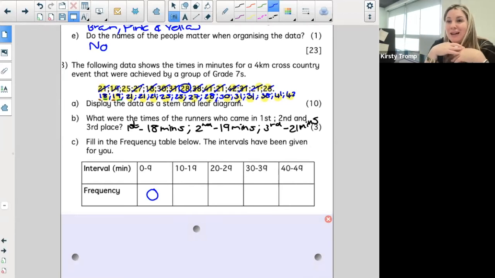Have a look at the stem and leaf that you've drawn down on your page. How many people came in between 10 and 19 minutes? Well done, guys. Between 10 and 19 minutes, it was 2 people. How did I get that?